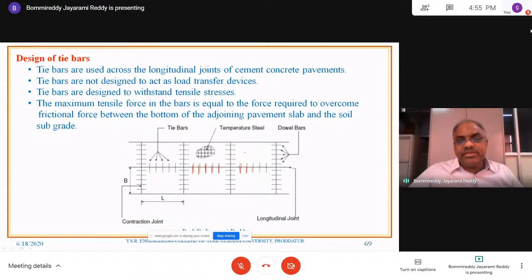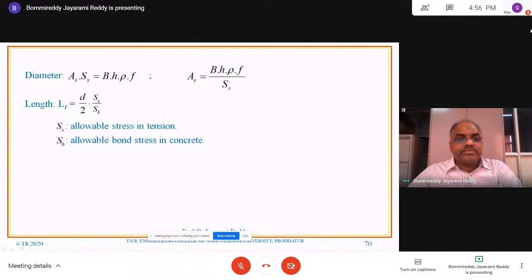The maximum tensile stress in the bar is equal to the force required to overcome the frictional force between the bottom of the adjacent pavement slab and the soil subgrade. So here, because of the frictional resistance, sometimes tensile stresses are induced along the longitudinal joint, and those will be taken care of by the tie bars.